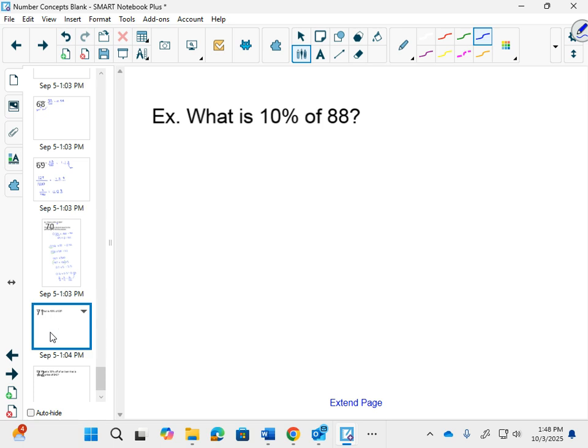Now, 10%, so 10% is 0.1 of 88. Okay, the "of" part is multiplied. 88 times 1 is 88, but it has to be 8.8.